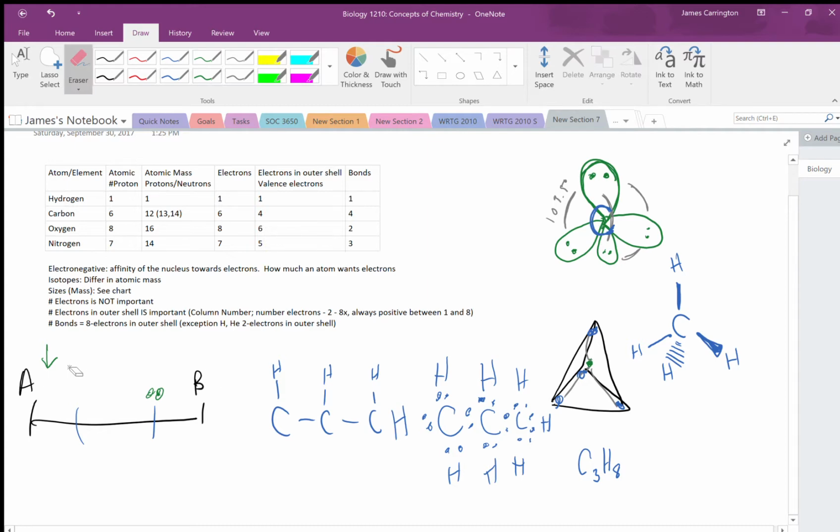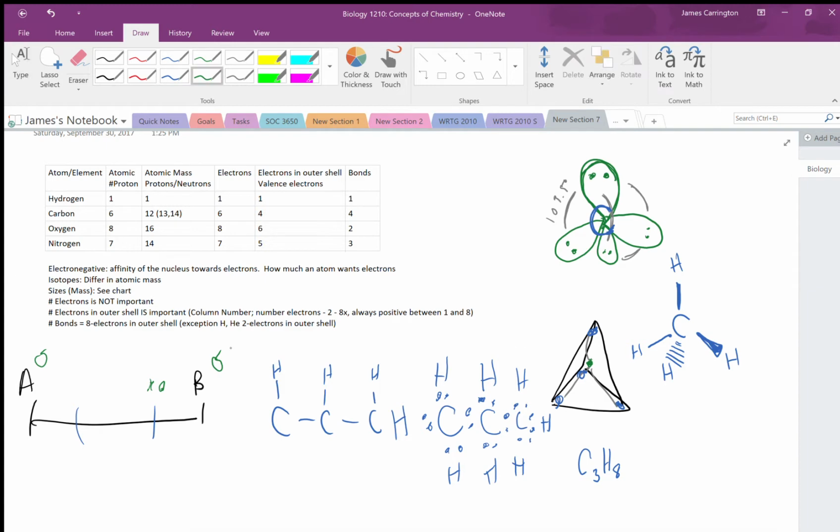If they're equal, so if they both have the same, the electrons aren't going to be found here, they're going to be found towards the center, which is really good. And these are just for covalent bonds. And so if I had my electrons over here, element B is going to be partially charged, so use delta. It's kind of like an O with a little eyebrow on the top.